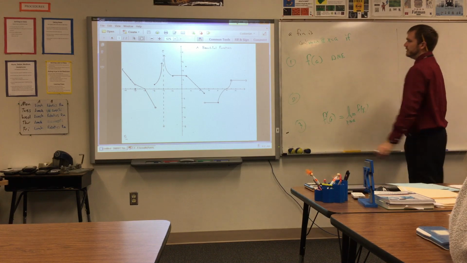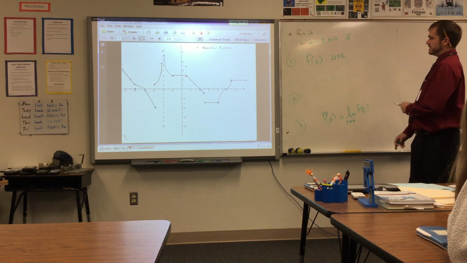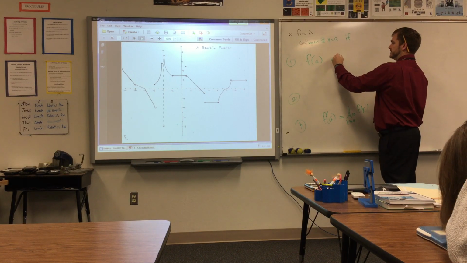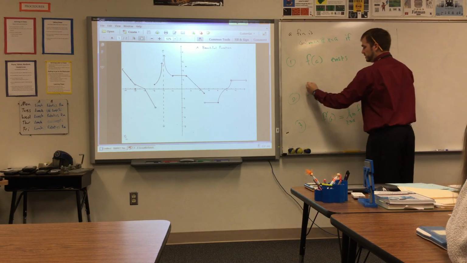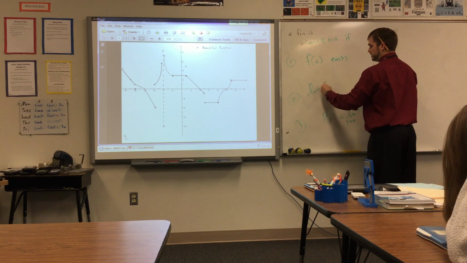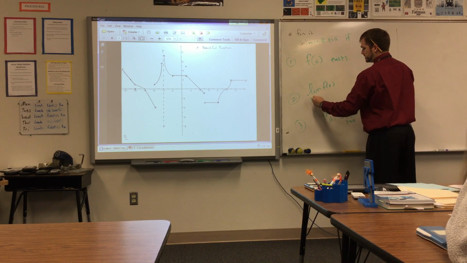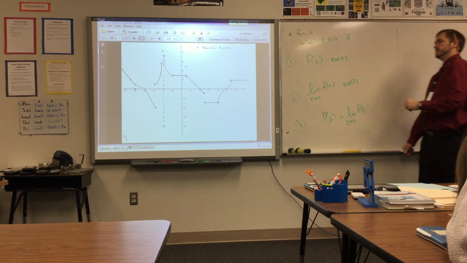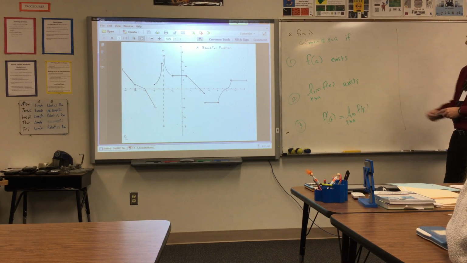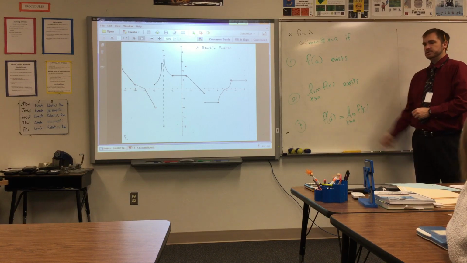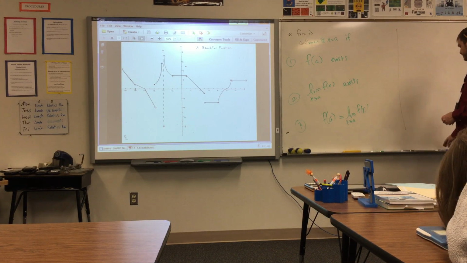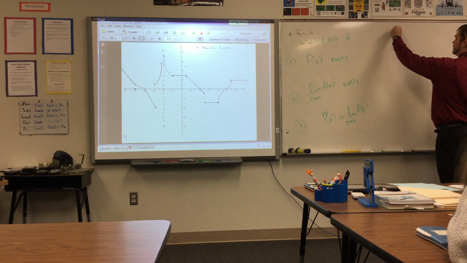I'll write this down. A function is continuous at x equals a if f of a exists, the limit of f of x as x approaches a exists, and those two things equal each other. This is your final answer.